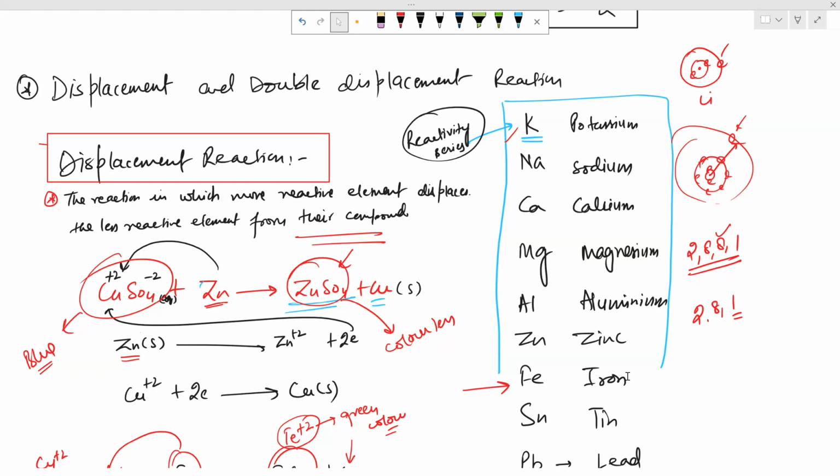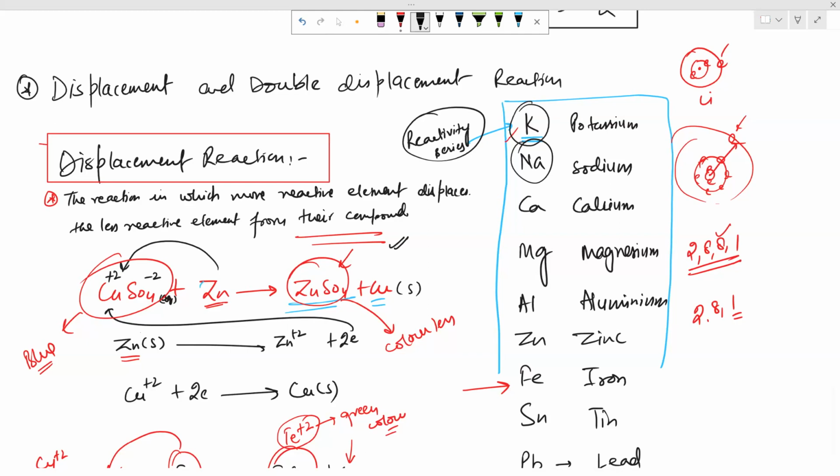So what is a displacement reaction? The reaction in which the more reactive element displaces the less reactive element from their compound is considered to be a displacement reaction. Here this one is more reactive, this one is less reactive. On what principle is it based?